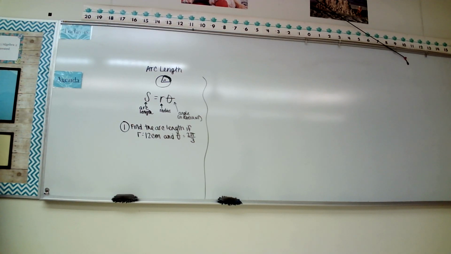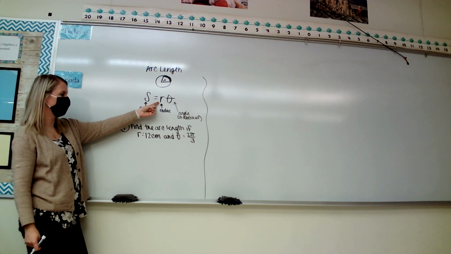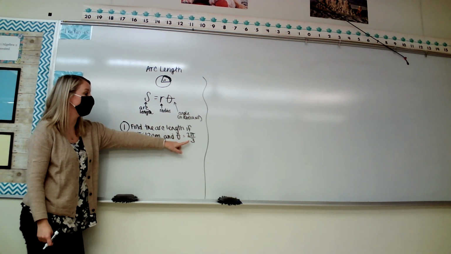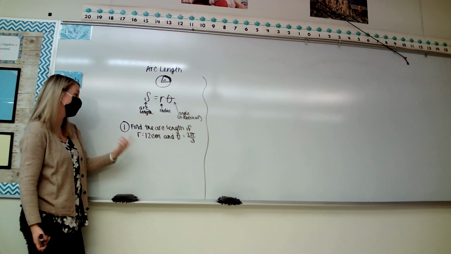Literally, I don't really need to do much for the setup. I know R, I'm going to plug it in. I know theta, and it's in radians. Remember, it's in radians because we don't see a degree symbol. So I literally just plug those in and I'm done.